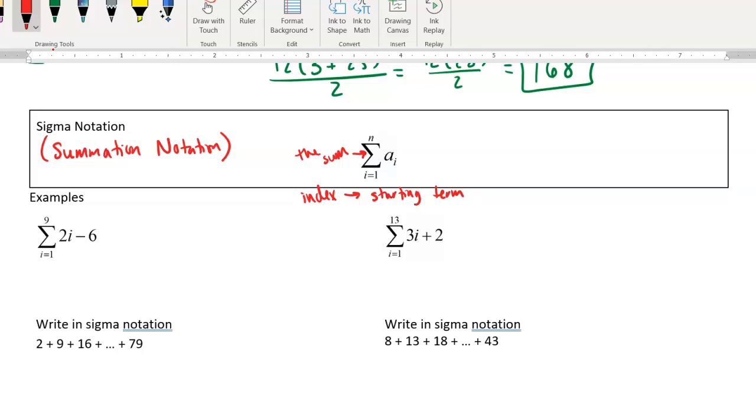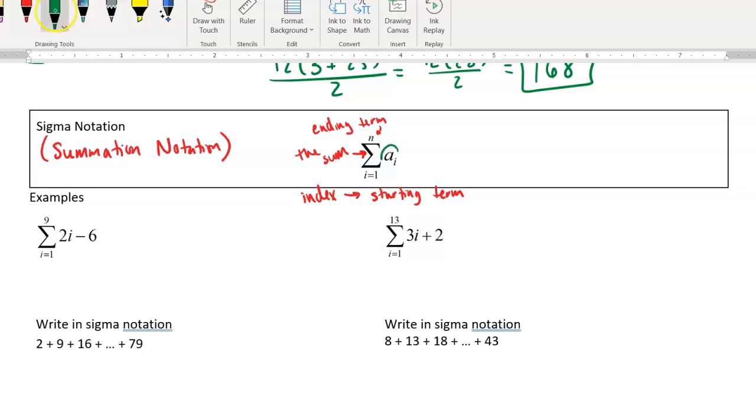So this means we're going to start with the first term. The top tells us the ending term. The ending term is not the value of the ending term, but if there was an 8 up there, that means we would go up to the 8th term.